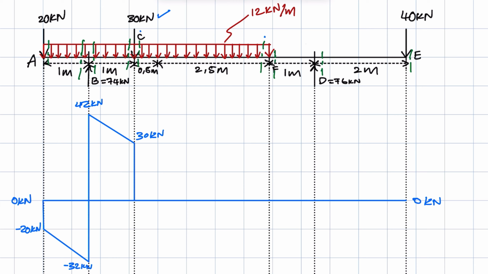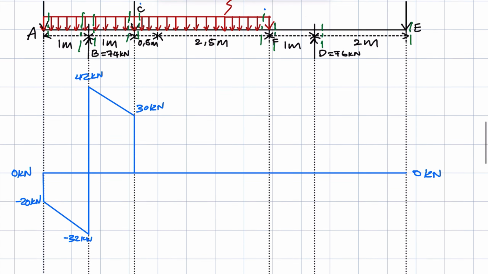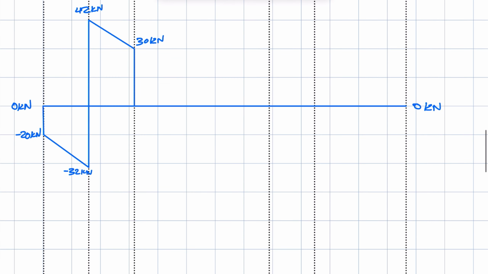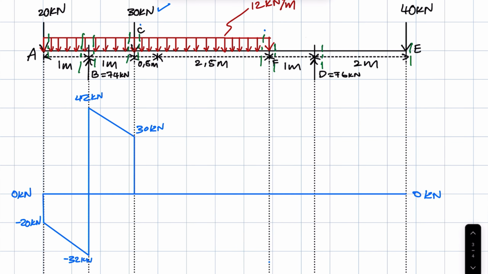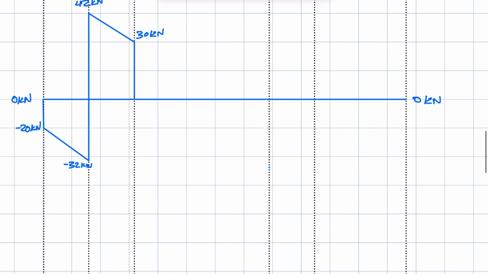So 0 minus the 36 equals minus 36. Let's say it's somewhere there. Again, between C and F, we have a UDL, so we draw a diagonal line showing that there's a UDL in this portion of the beam.